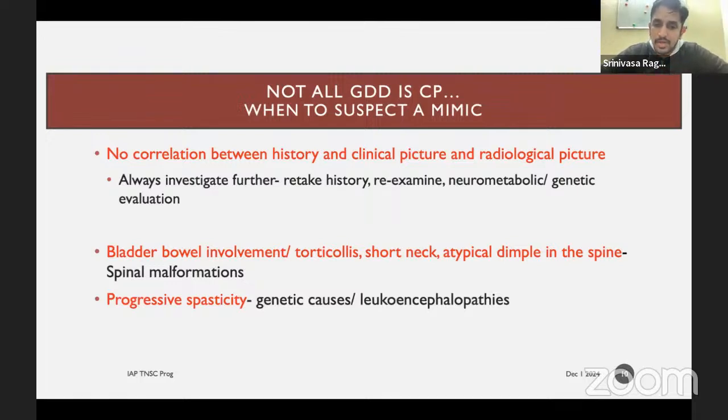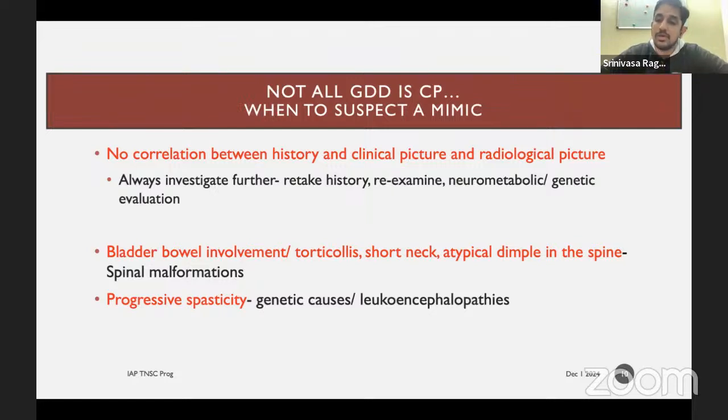And if bladder and bowel involvement is present, or if the child has associated torticollis with a short neck, or if on spinal examination the child has an atypical sacral dimple, a mass in the spine, or a tuft of hair in the spine, with bilateral lower limb predominant involvement presenting like spastic diplegia, you should always think of spinal malformations which can mimic CP.